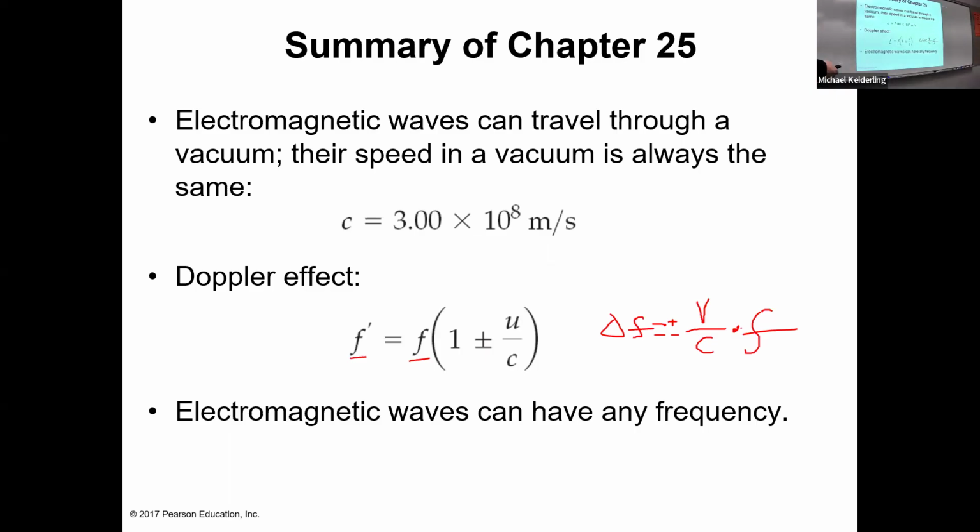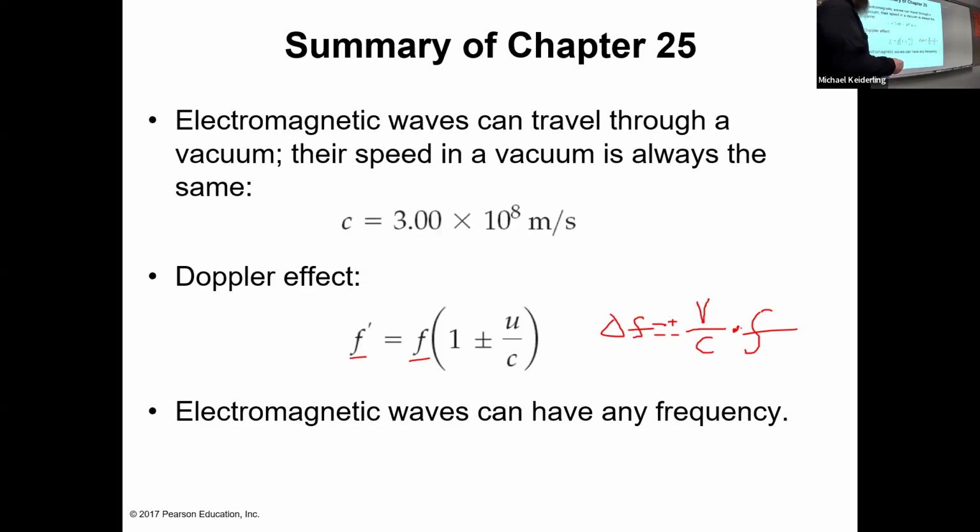The Doppler effect is the change in frequency of electromagnetic waves due to relative motion between the source and the receiver. The final frequency is the initial frequency times 1 plus the relative speed of motion between the two objects over the speed of light.